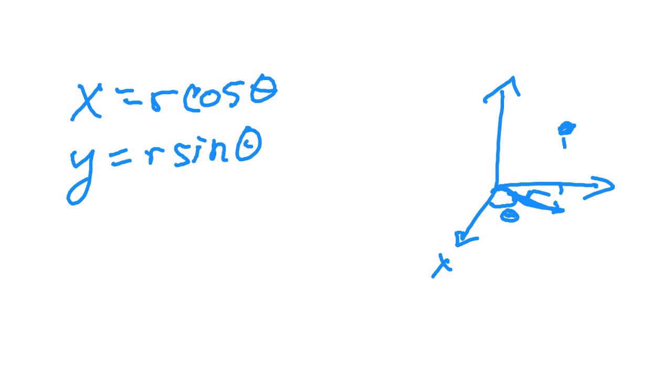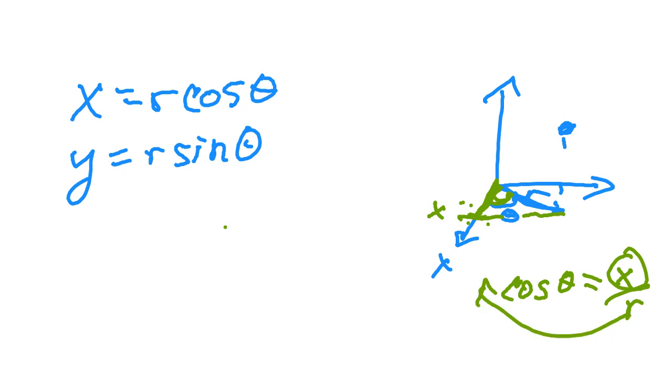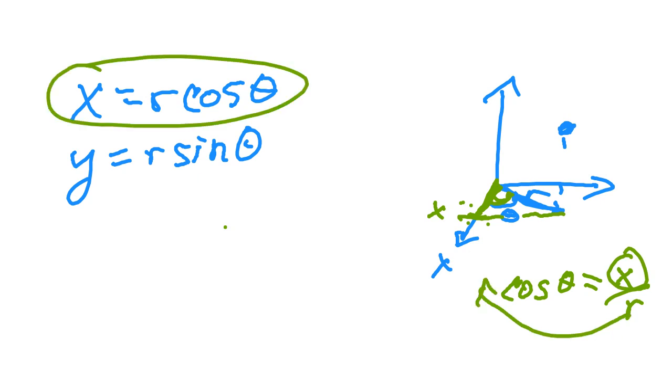This is my x value right here, but this is the adjacent. So the adjacent side divided by the hypotenuse is the cosine. So the cosine of angle theta is the adjacent side, x, divided by the hypotenuse r. So we solve and get that x equals r cosine theta.